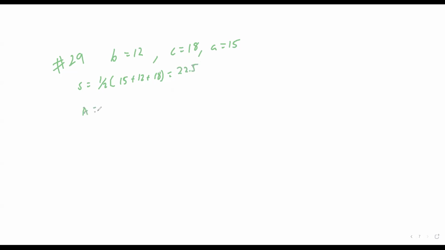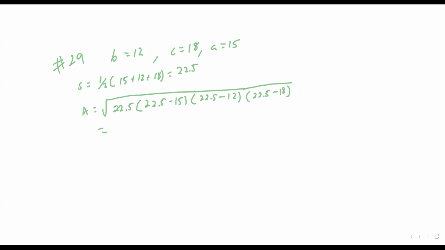So then the area becomes the square root of 22.5 times 22.5 minus 15 times 22.5 minus 12 times 22.5 minus 18. Whatever that is, will give me my official answer. So I'll just type that completely into the calculator.